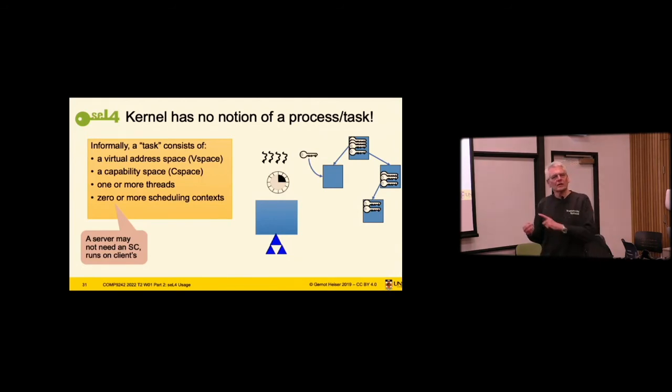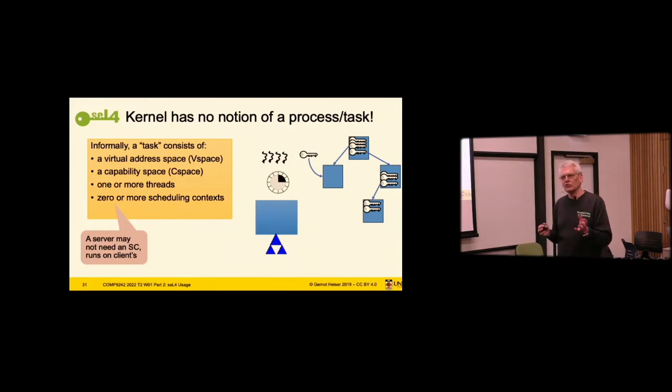Why is a scheduling context not necessarily needed for a process? The answer is given here. A server that's invoked by a call operation, if it doesn't have its own scheduling context, gets passed the client's scheduling context and operates on that one.